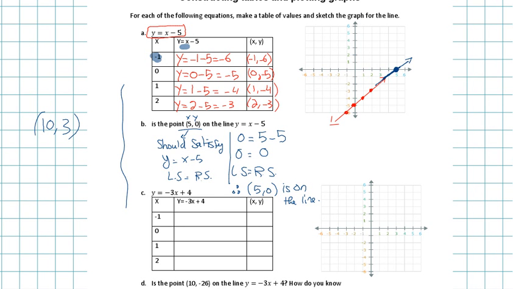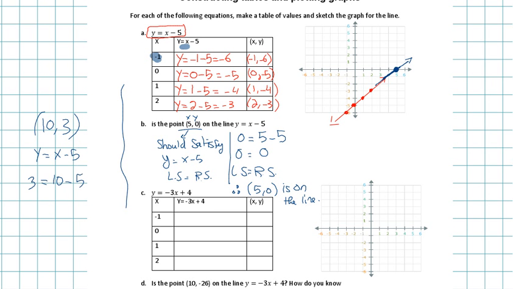I extended it. Now, I don't have 10 on my x-axis, so technically you can't extend it accurately. If I want to do it accurately, what do I do? Put the 10 where the x is, and then put the 3 where the y is. And then what should happen if it is on the line?